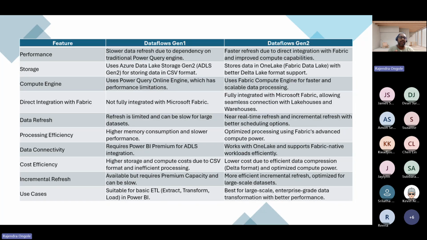If you are using a smaller data set, the refresh is very slow here. But with Dataflow Gen2, as I said, incremental refresh is possible. Sometimes while configuring the start date and end date, I face some lag and issues. But we have the functionality, incremental refresh is also possible via Dataflow Gen2.